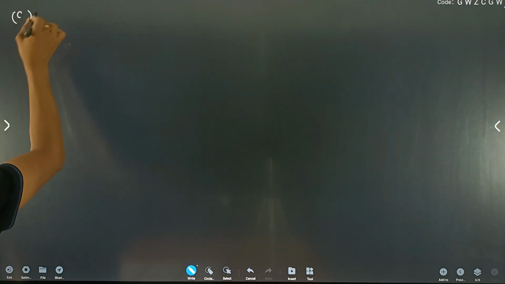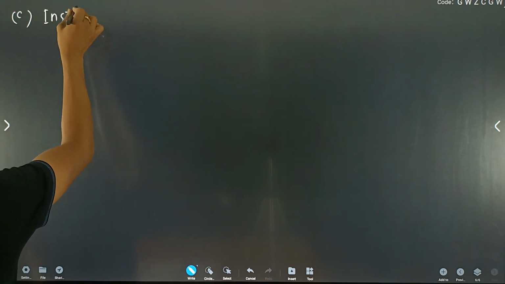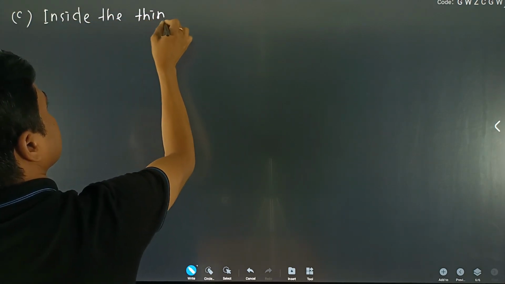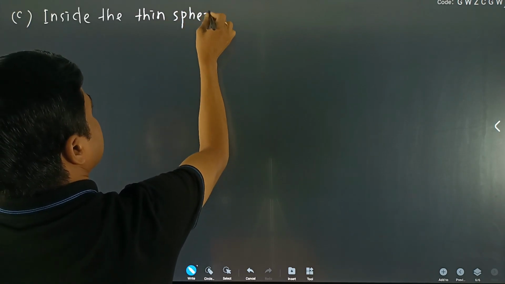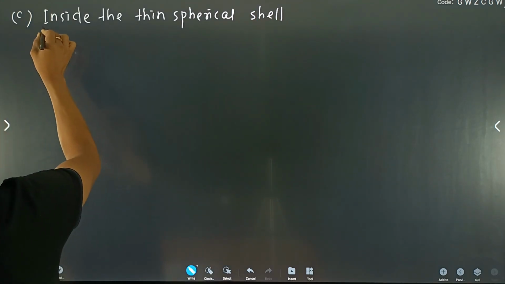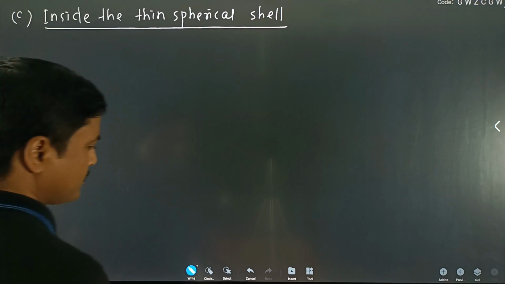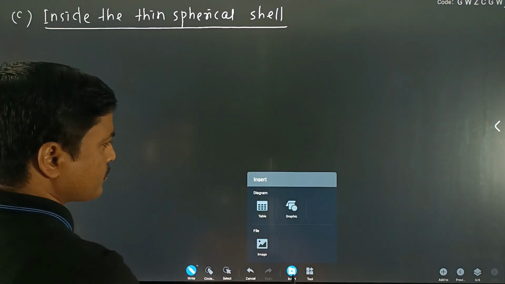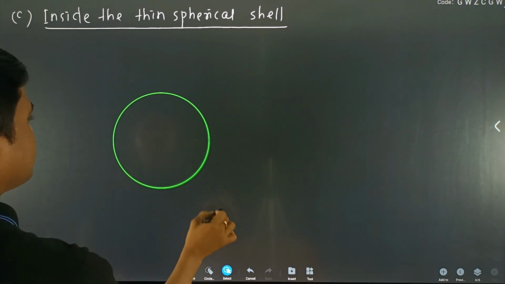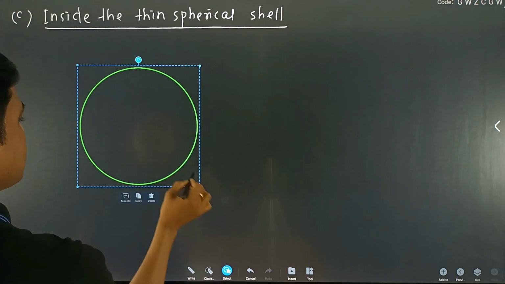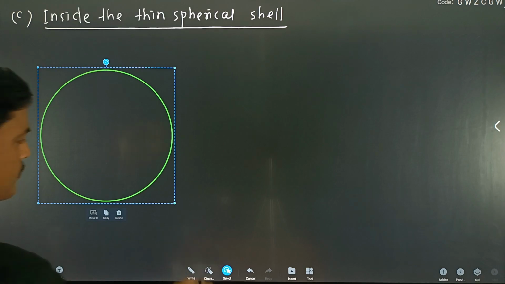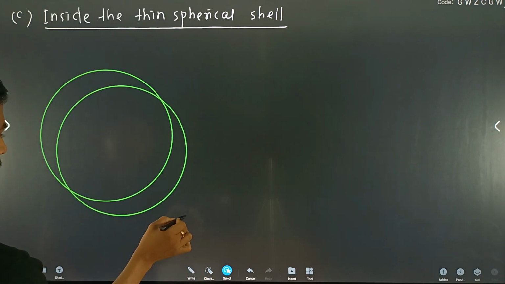Now, third case. Inside the thin spherical shell, the observation point is situated inside the thin spherical shell. Suppose this one is the outer surface of the thin spherical shell, and another surface is there.